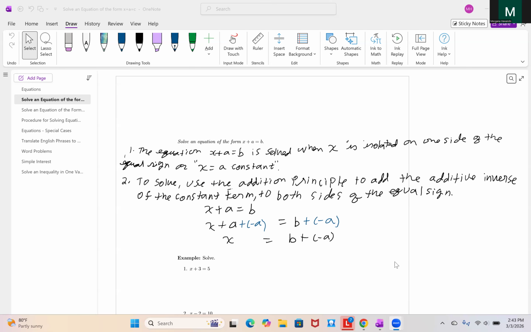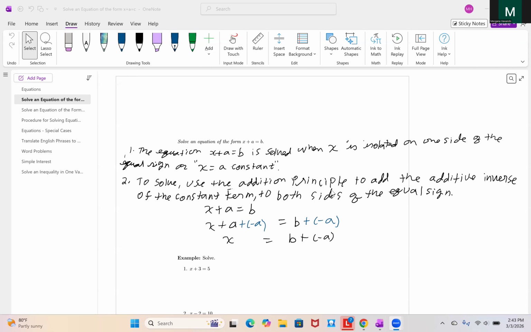So we have x plus a plus negative a is equal to b plus negative a. So a plus negative a is 0, and x plus 0 is x. This is equal to b plus negative a.